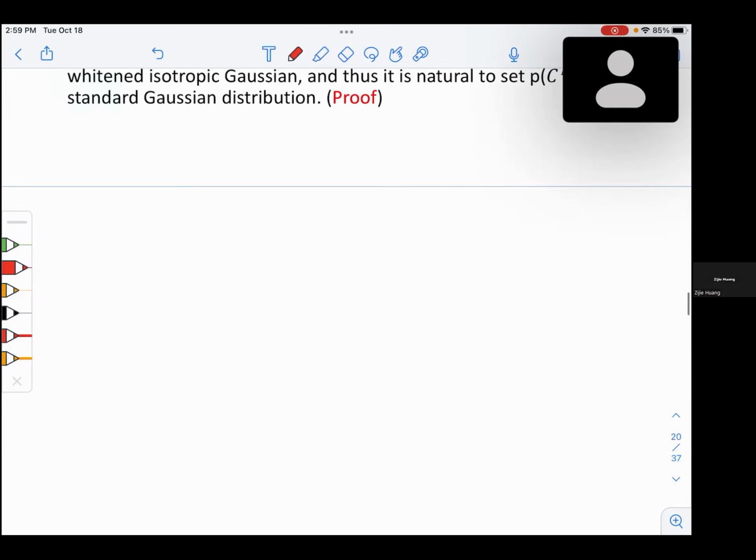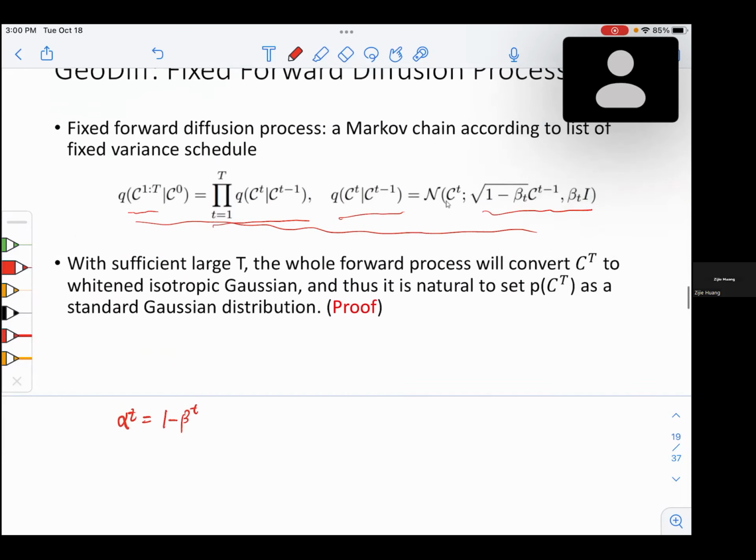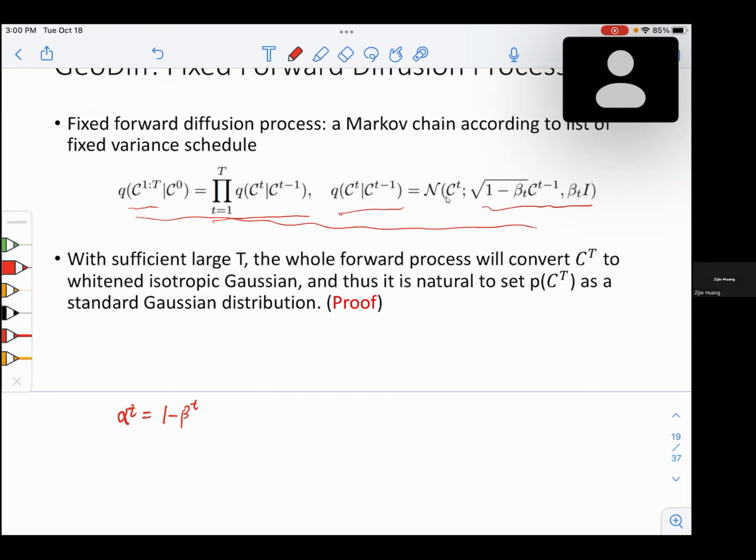So actually the proof is quite simple. Let's define this alpha t as 1 minus beta t. Here we have this formula where each CT can be rewritten as square root of alpha t times CT minus 1, plus square root of beta t times epsilon t, where epsilon t is a standard Gaussian.